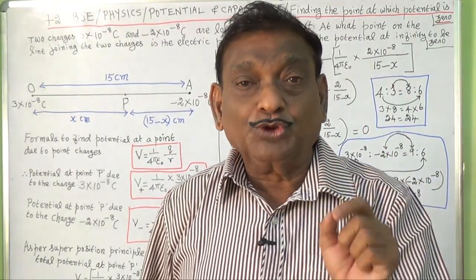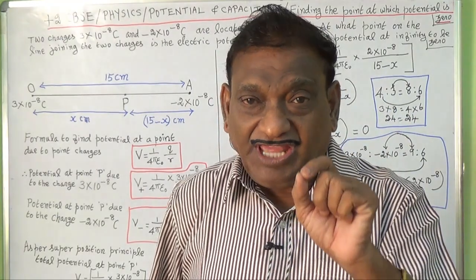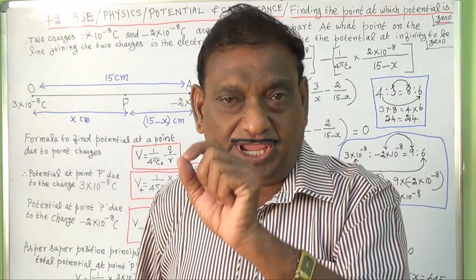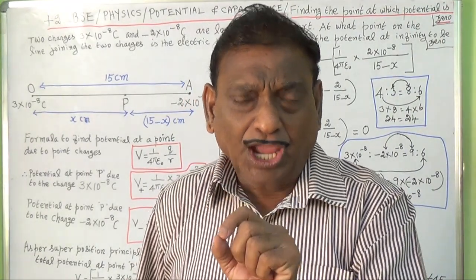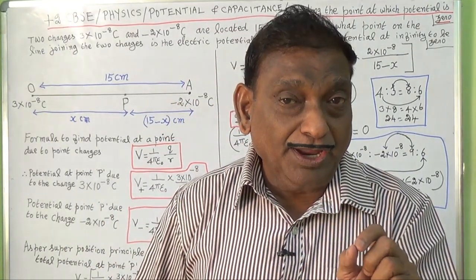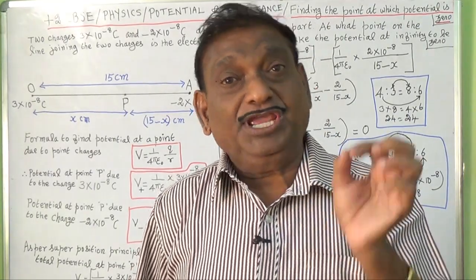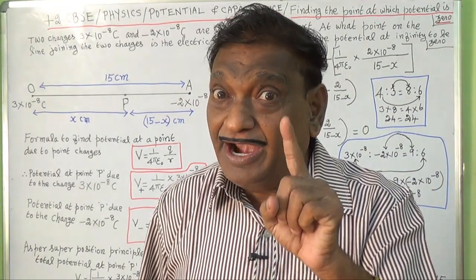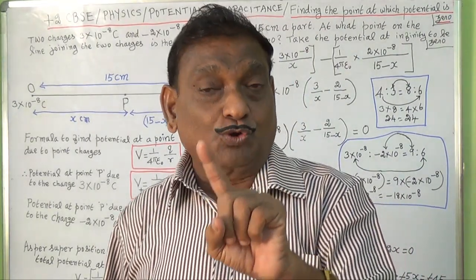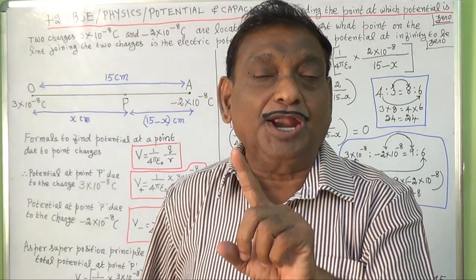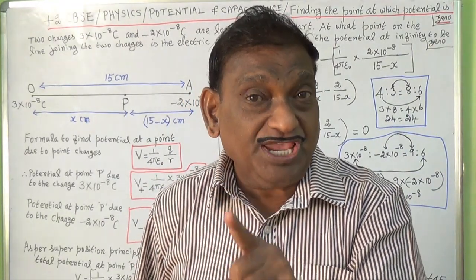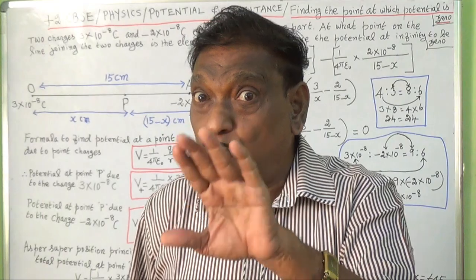The formula to find the potential energy, that is electric potential energy, capital U equal to 1 by 4 pi epsilon naught Q1 Q2 by R. And the formula to find the potential at a point due to the dipole is capital V equal to 1 by 4 pi epsilon naught P cos theta by R square. In this place P represents the dipole moment.